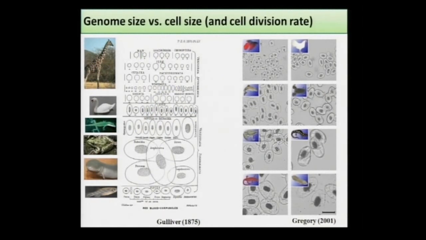I've since done these photomicrographs. They're all at the same magnification, and they are species with different genome sizes. And you can see, for example, in a Siamese fighting fish, small nuclei, small genomes, small cells, whereas in a lungfish, large nuclei, large cells. And frankly, you couldn't fit the nucleus of this lungfish inside the entire cell of that Siamese fighting fish. So at some level, these must be causally linked.